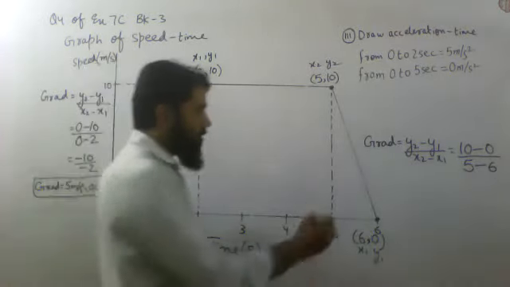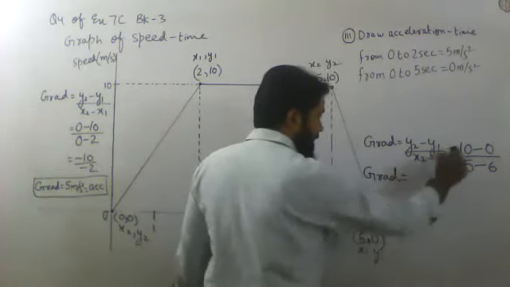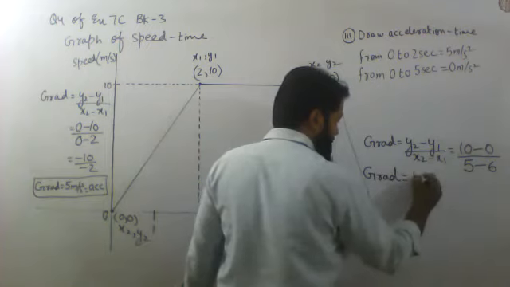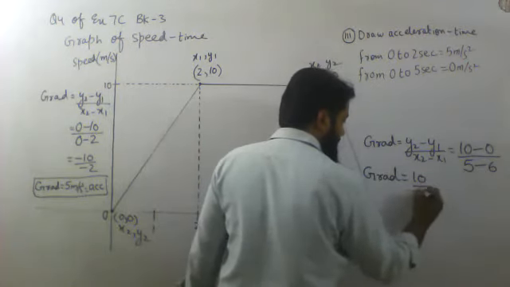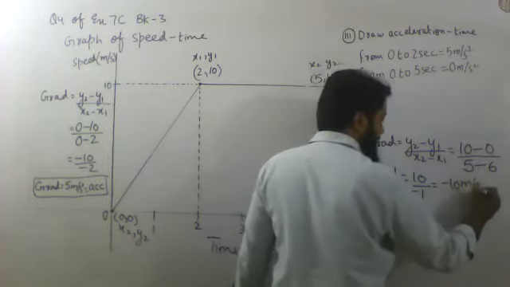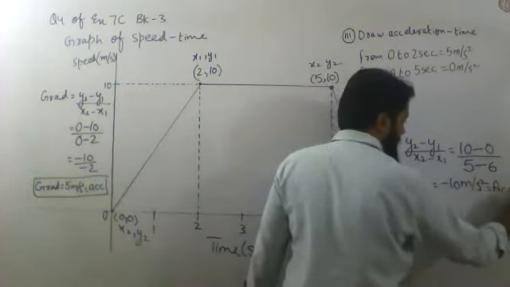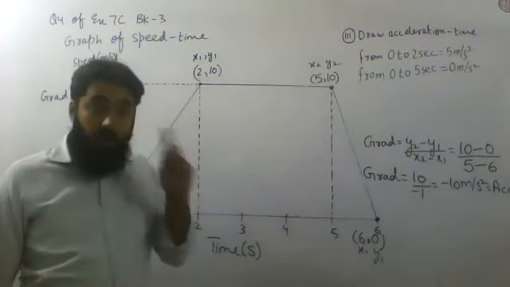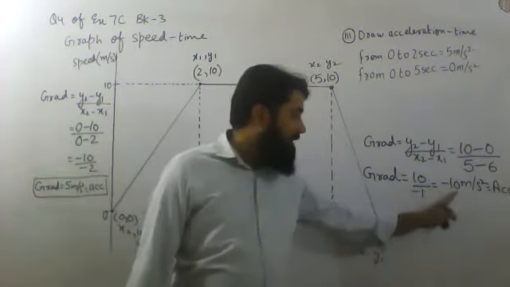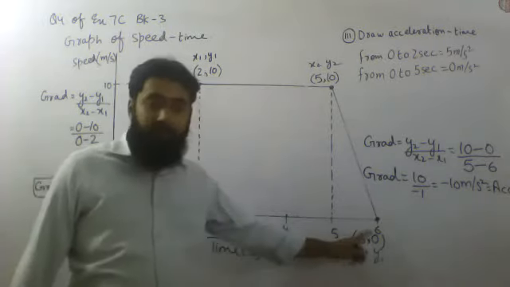Right? So my gradient: 10 minus 0 is 10, and 5 minus 6 is minus 1. So when I simplify it, it is minus 10 meter per second square, which is your acceleration. So my acceleration is minus 10 meter per second square, from 5 to 6.